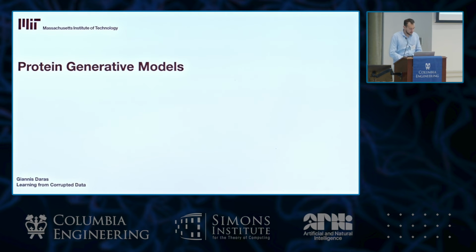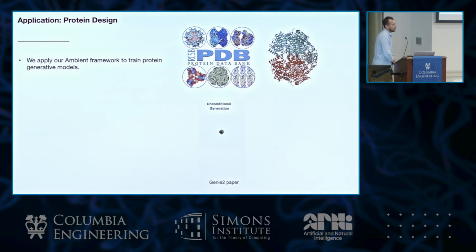Okay. These were all for images. So a valid question is, does it work well for things beyond natural images? Does it work well for science, to start with? So let's look at this application that we have been working on for a year now with Adam, which is generating protein folds.